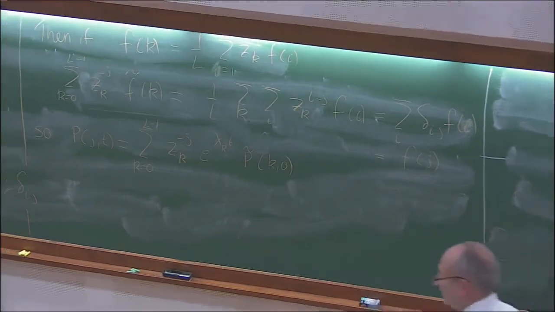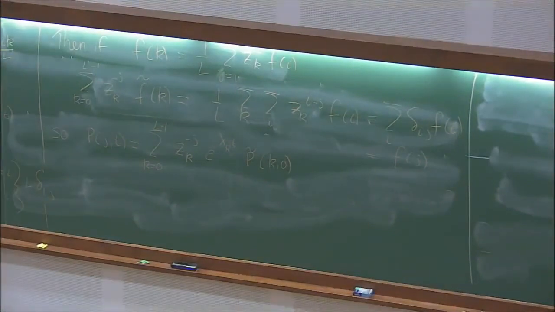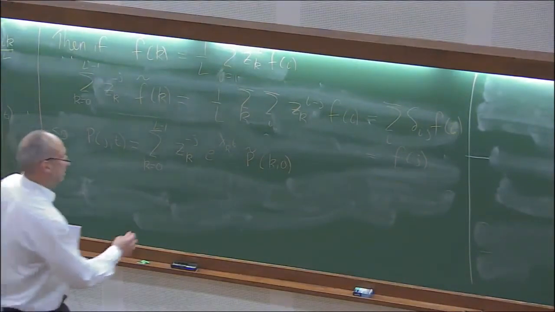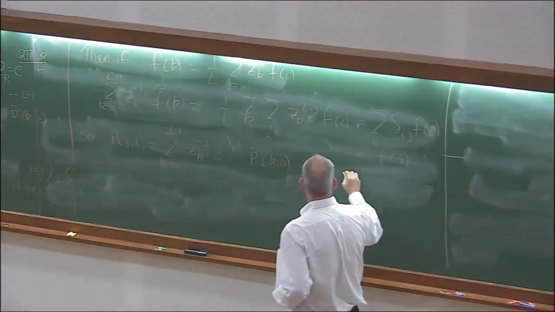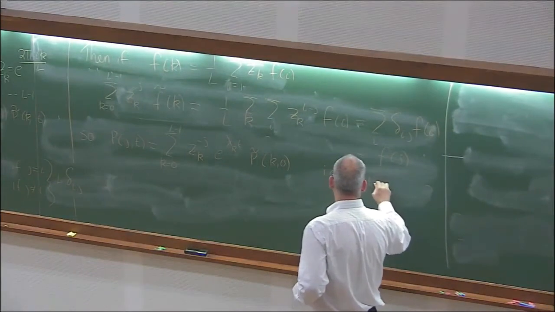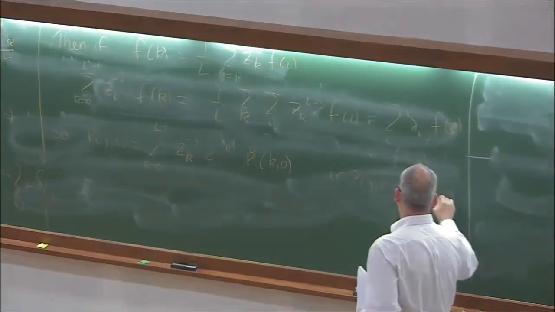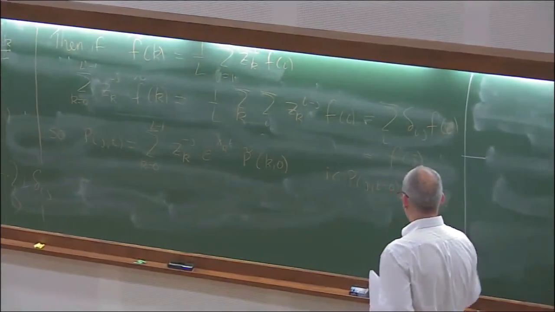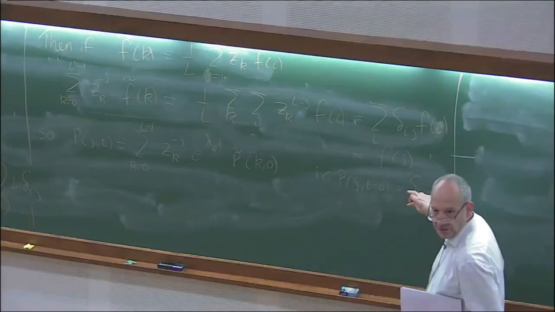So my initial condition, if I take p_j(t) at t equals 0 to be delta j comma j naught. What that's saying is simply that I start with probability 1 at j naught.